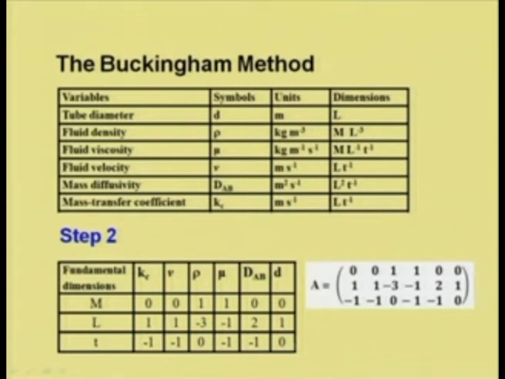Similarly, we will obtain this table for velocity, density, viscosity, diffusivity and diameter. So, we can represent all these variables in terms of fundamental dimensions. Then the exponents of these dimensions will form a matrix which is known as the dimensional matrix. So, this is our dimensional matrix and we have to find out the rank of this matrix.